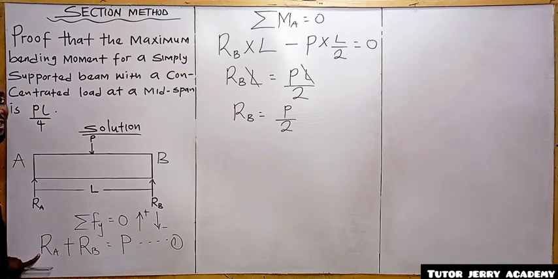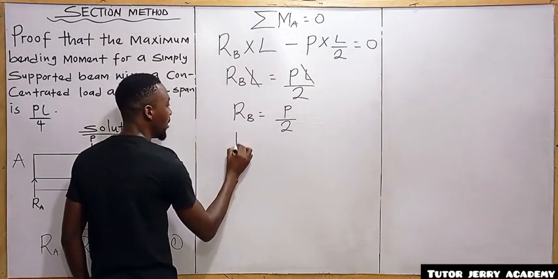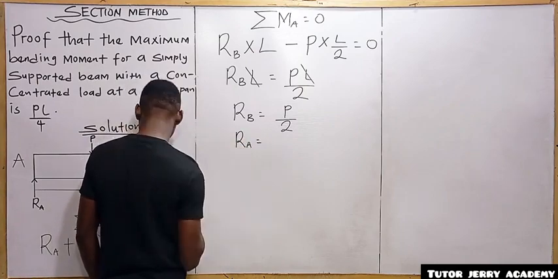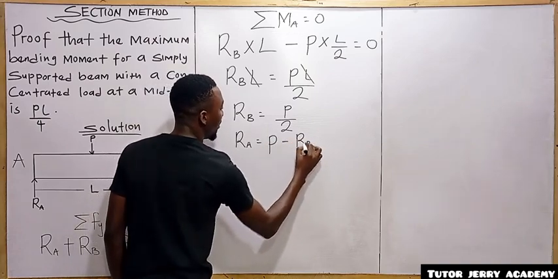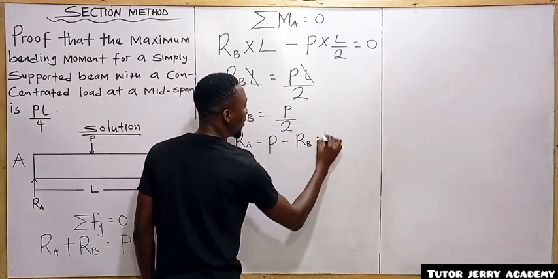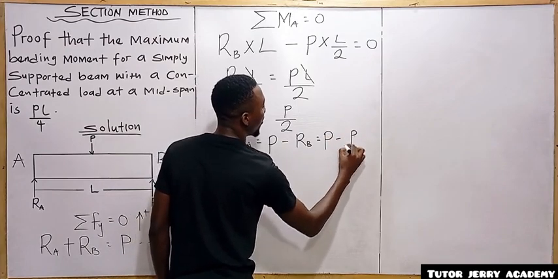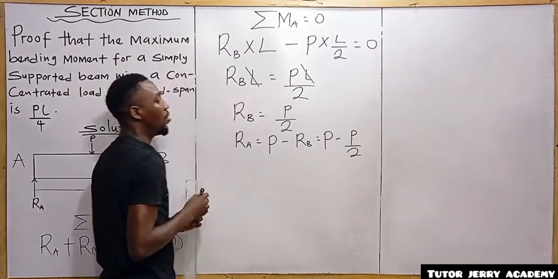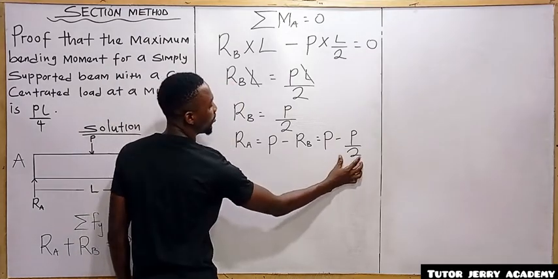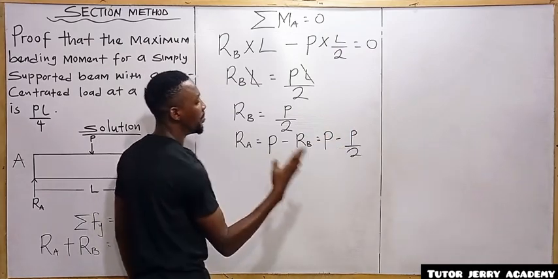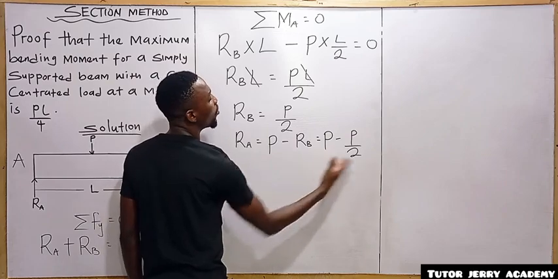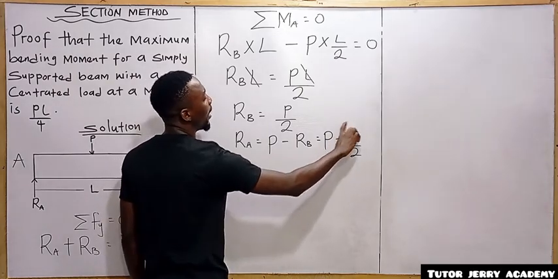If we make reaction at A the subject of the formula from equation 1, reaction at A equals P minus reaction at B. So this equals P minus P all over 2. If you take your LCM, it's 2 multiplied by P, that is 2P. 2P minus P is P. The LCM of 1 and 2 is 2, so it's going to be P over 2.